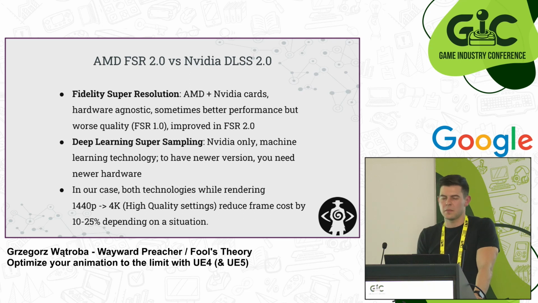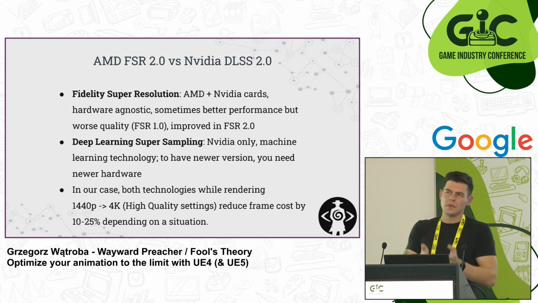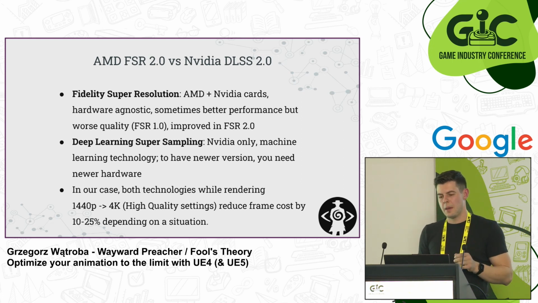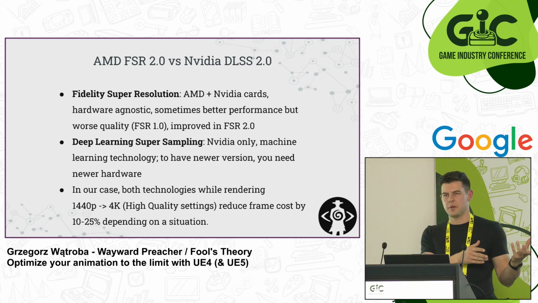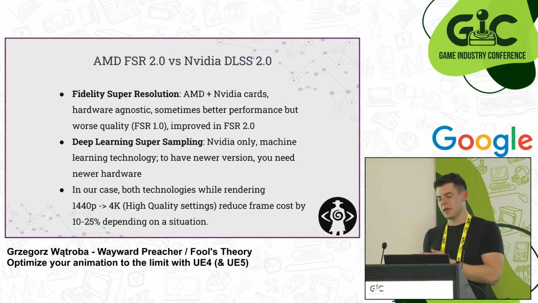Yeah, but it depends on the scene, because FSR in the first iteration was giving much better performance results, but it looks far worse than DLSS. Now FSR 2.0 looks quite good and almost the same as DLSS, not exactly the same, but it's less performant.